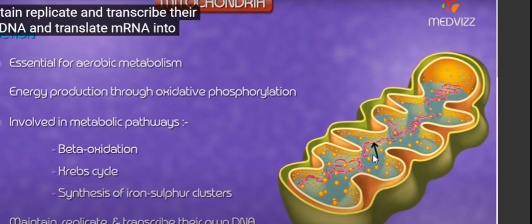Full stop. Hence, it is called the semi-autonomous organelle of the cell. For a few activities, it depends upon the DNA present in the nucleus, but it can manage itself. So it is called the semi-autonomous organelle of the cell.